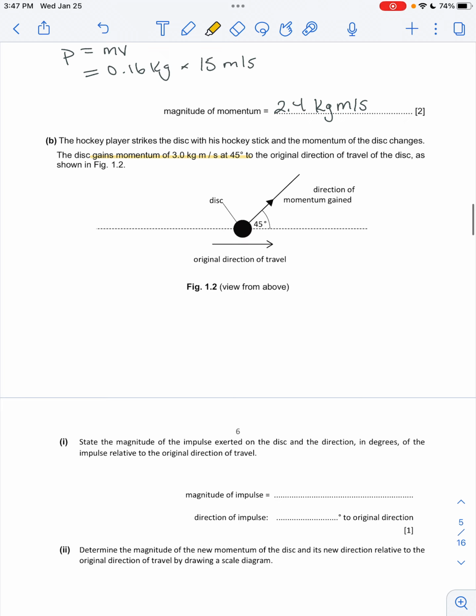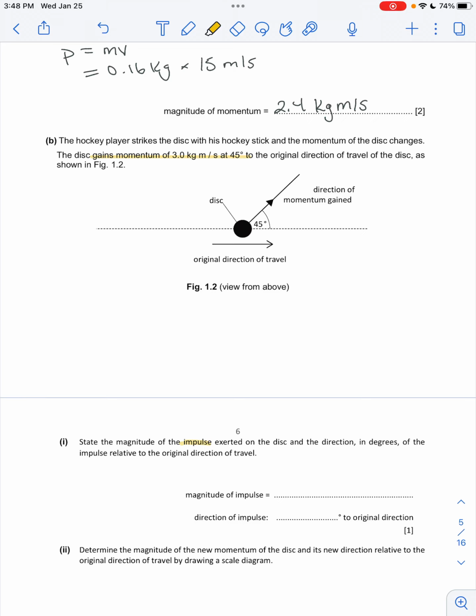So for question I, when it's asking what is the impulse, remember that impulse is the change in momentum. So you have an old momentum and then you have a new momentum, and the difference between the two, that's your impulse. So when I am given 3 kilogram meters per second, that's what I'm changing from my old one in order to have a new one.